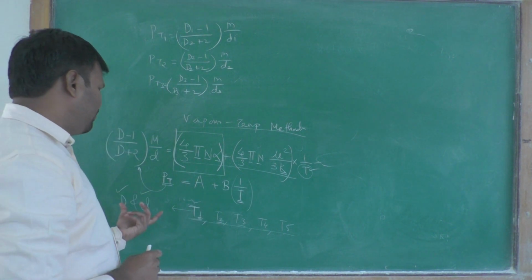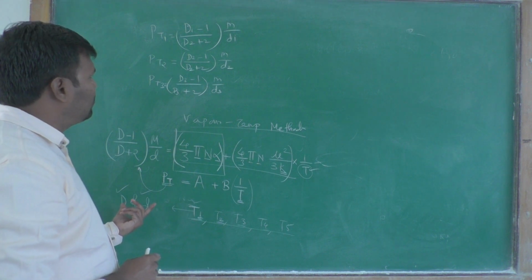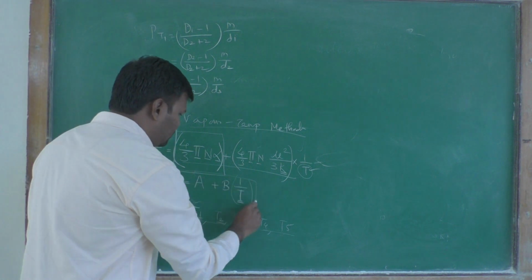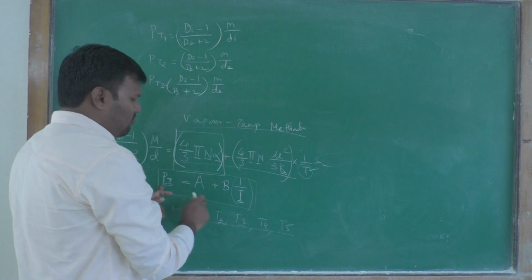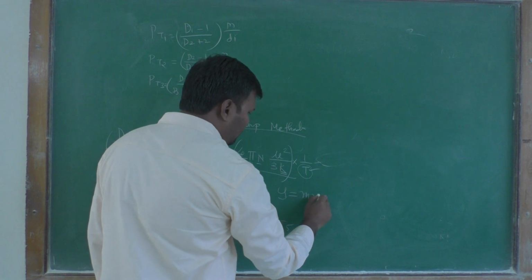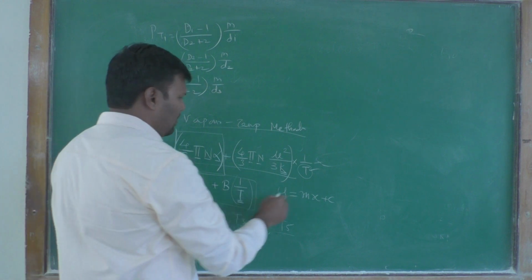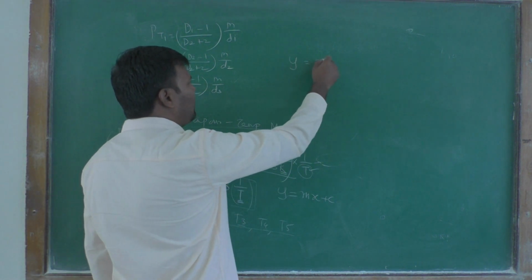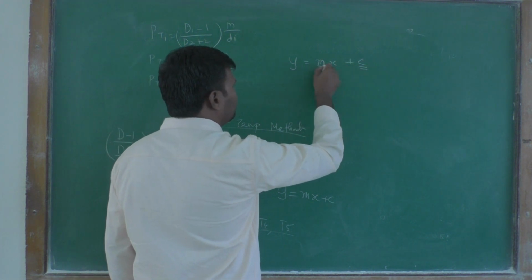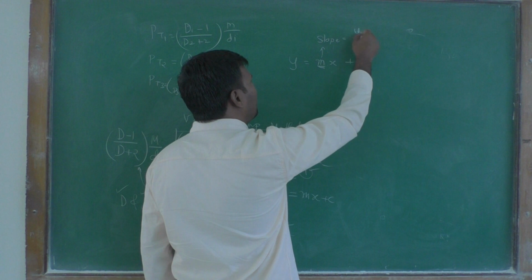Now we find these values PT1, PT2, PT3. This equation is compared to the equation of a line, y equals mx plus c, so we can arrange this equation that way. Here c is our intercept and m is the slope, and the slope formula is (y2 minus y1) upon (x2 minus x1).